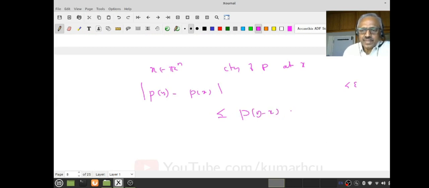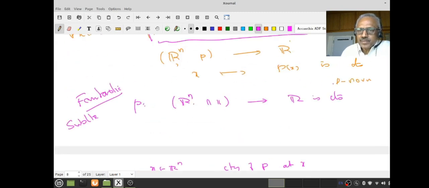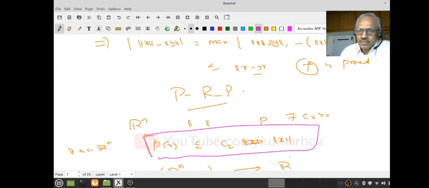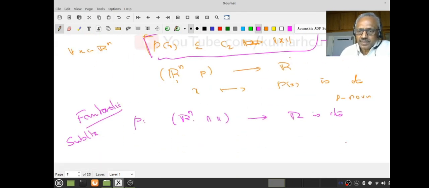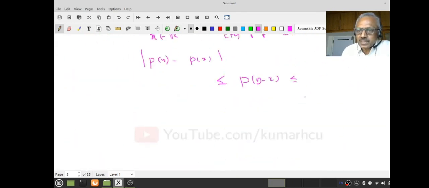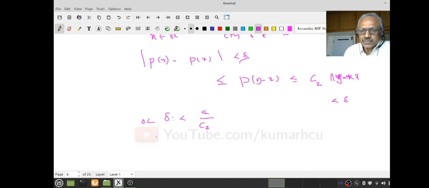But then because of the inequality star that we have proved, this is less than or equal to C2 times Euclidean norm of x minus y, or y minus x. So when I want this to be less than epsilon, it's enough if we make sure this is less than epsilon. That means I have to choose a delta which is positive, such that the Euclidean norm is less than or equal to epsilon by C2.